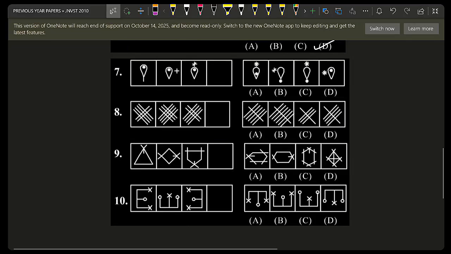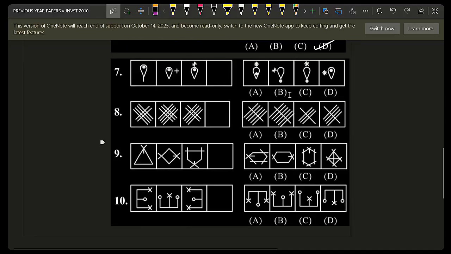The main diagram is the same in the series, but the outer part moves in the anti-clockwise direction step by step, so it will be different from the previous figure.